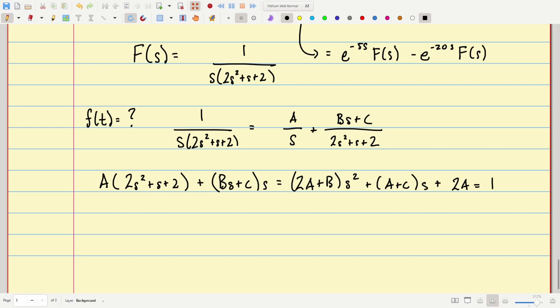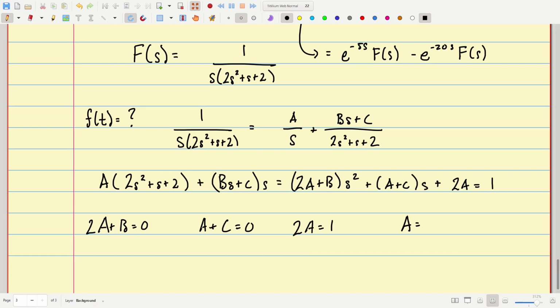What this does is, because polynomials are equal if and only if their coefficients match, then it gives me a system of 3 equations and 3 unknowns. 2a plus b has to be 0, a plus c has to be 0, and 2a has to be equal to 1.